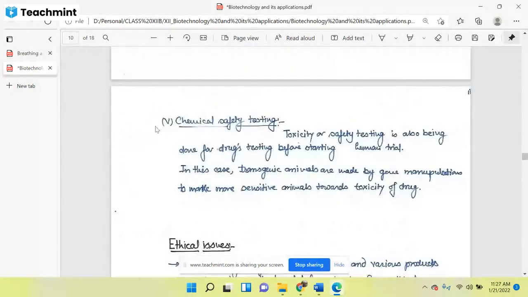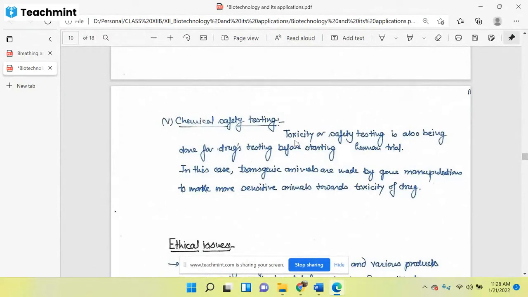Now, the last application of transgenic animals is chemical safety testing. Suppose we give a drug or medicine to a person, and the person doesn't know the limit of the dose, the limit of the weight, and the gap and time of giving these medicines. After a certain limit, it becomes toxic.